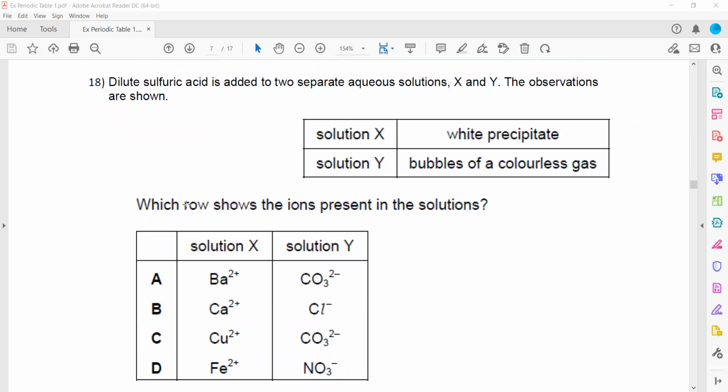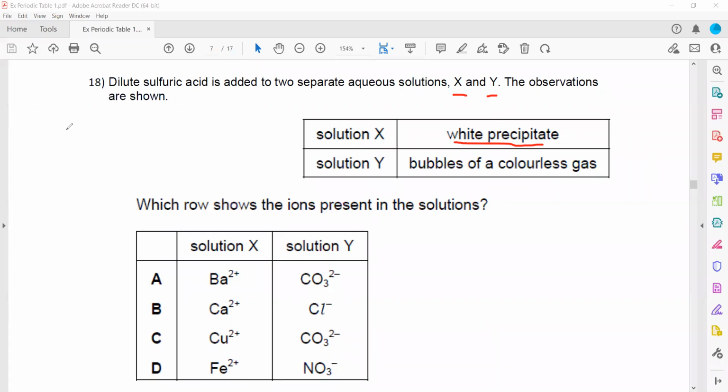So dilute sulfuric acid is added. Again, this is related to identification of the ions, the last part of the acid topic. The dilute sulfuric acid is added to solutions X and Y. Which row shows the ions present? When we add sulfuric acid to solution X, a white precipitate forms.